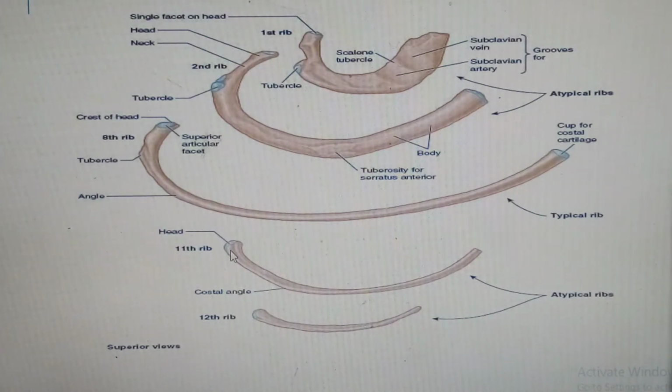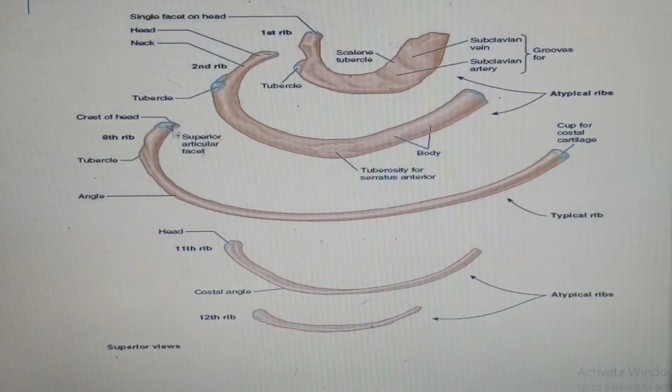But rib number 11 and rib number 12 do not have a neck. Because they do not have a neck, in fact, they also do not have those tubercles for articulating with the transverse processes of the corresponding vertebrae. So that is what we find over here. Again, they have only a single facet on their head.